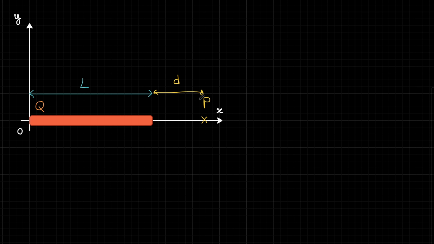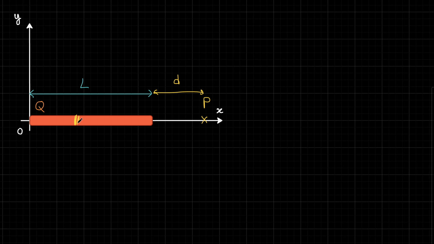Now, what will the electric field look like at point P? Remember, electric field is a vector quantity, so we should think in terms of magnitude and direction. The line of charge is an extended shape. What kind of field is it going to create? We can try to imagine that by splitting the charge distribution into small pieces.